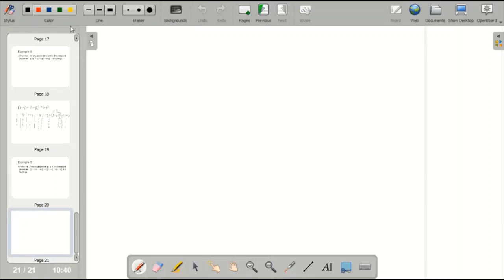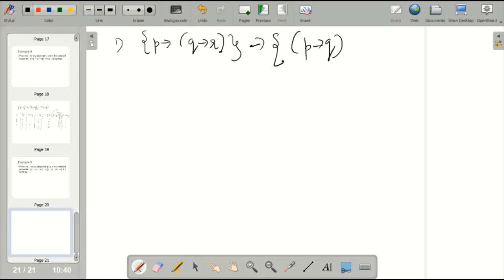Question is: {(P conditional Q) conditional R} conditional {(P conditional Q) conditional (P conditional R)}. So I repeat, this is a tautology.